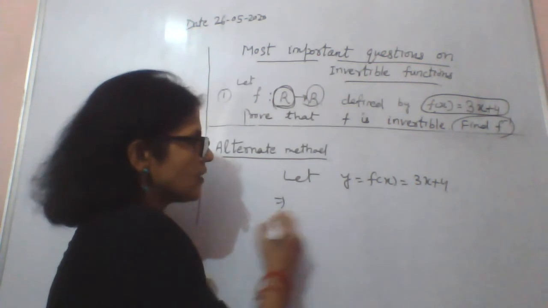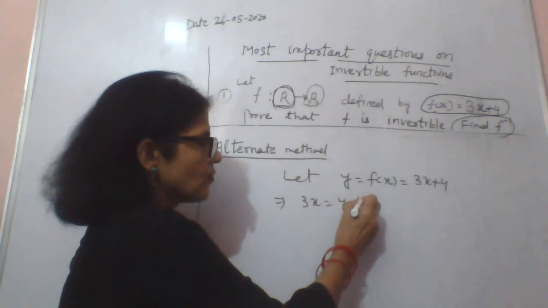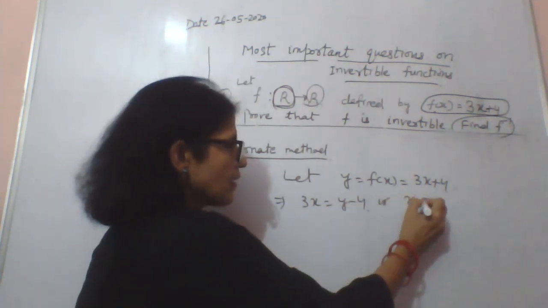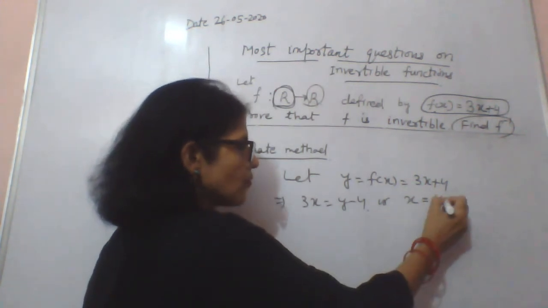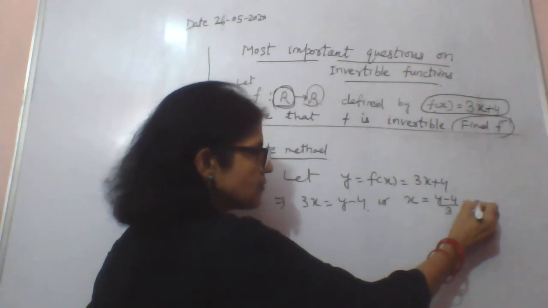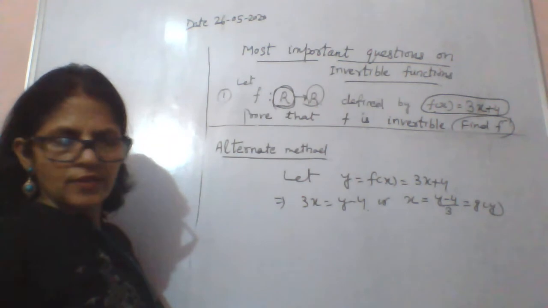So this implies 3x equal to y minus 4, or you may write x equal to (y minus 4) by 3. Let it be g(y). Okay, so we are taking it as g(y).